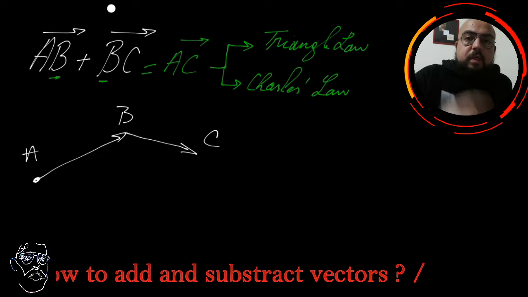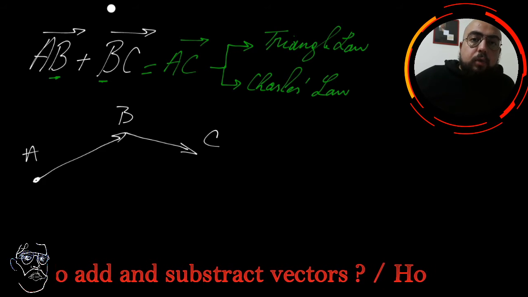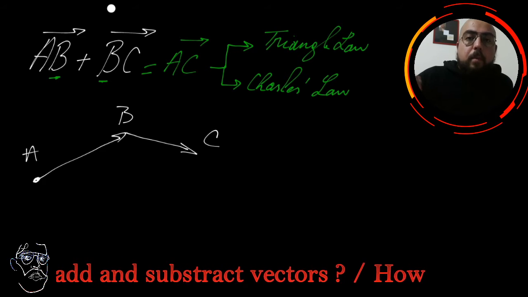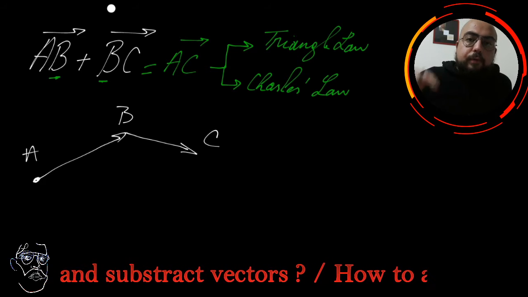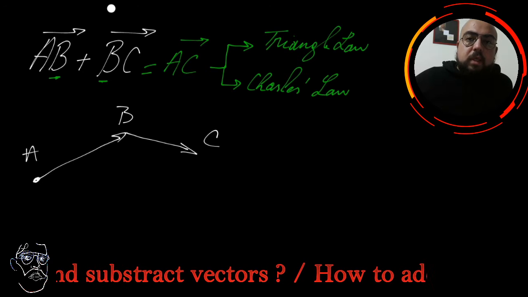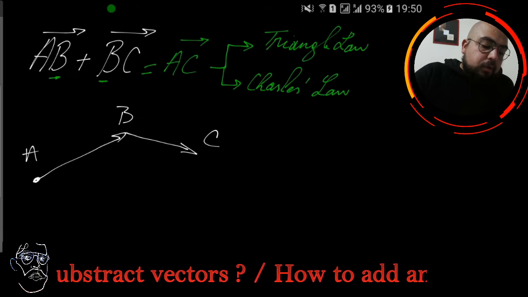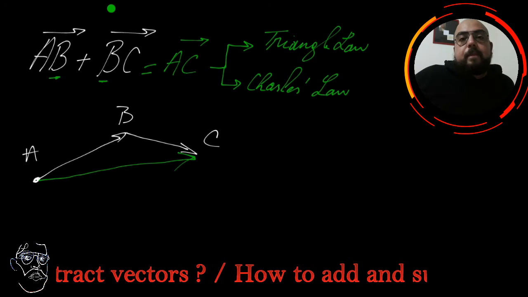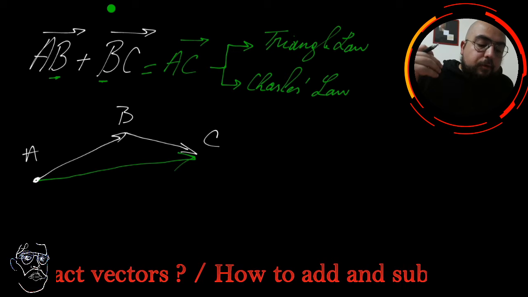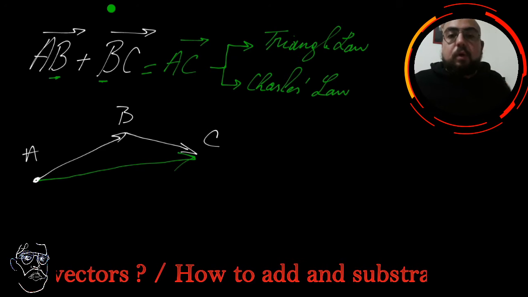AB plus BC means that I start from the initial point A, I reach the point B, and then from point B I reach the point C. So going from A to B, from B to C, it's as if going directly from A to C. That's why AB plus BC is equal to AC.